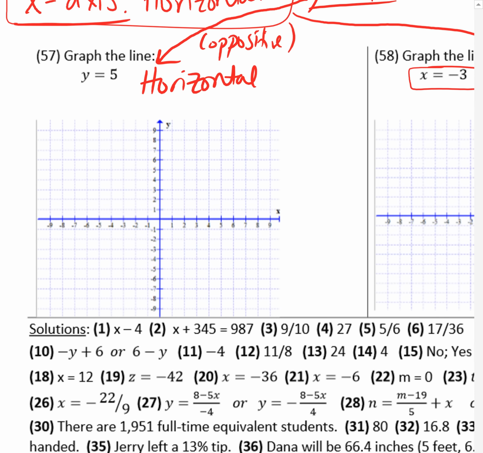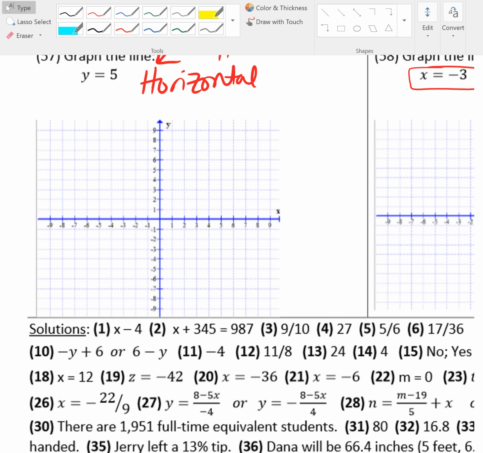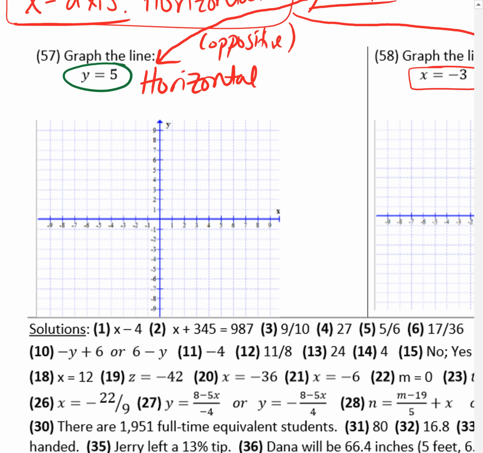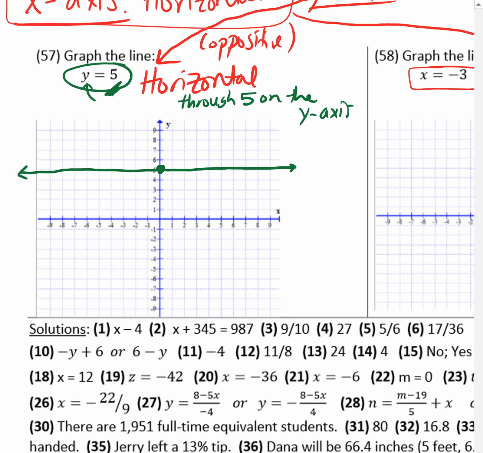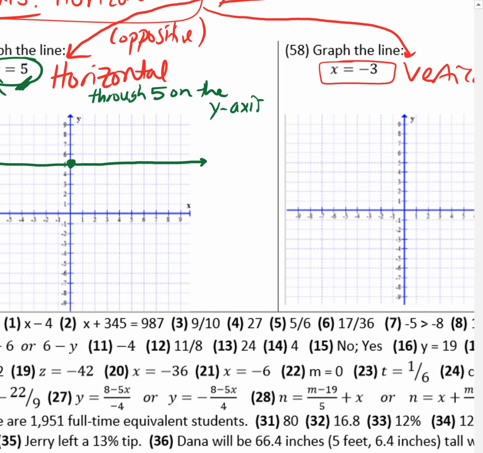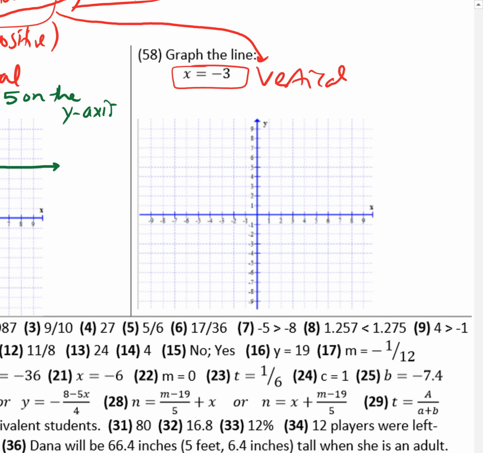So y equals 5 is a horizontal line through the number 5 on the y-axis. Let me find 5 on the y-axis, here it is, and then just draw a horizontal line through it. These are the easiest lines to graph, but they're the hardest to remember. So you might want to make a note of these, like on your note card.